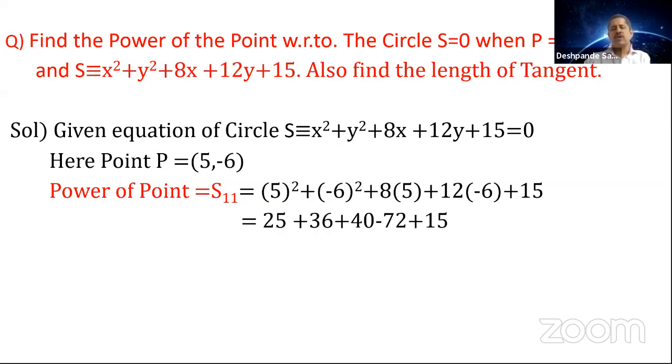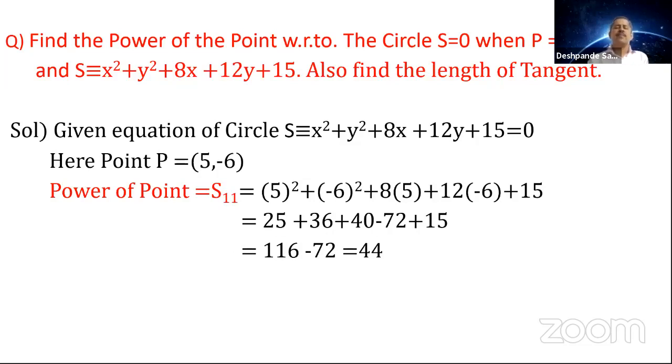So the value you are going to get is, calculate the value and tell me the answer. So you get 44 as the answer. So the power of the point is 44.